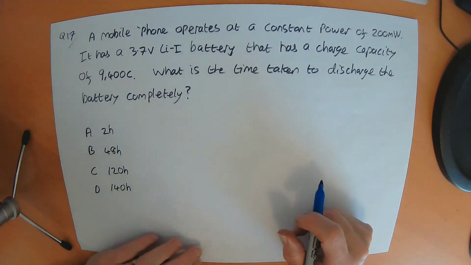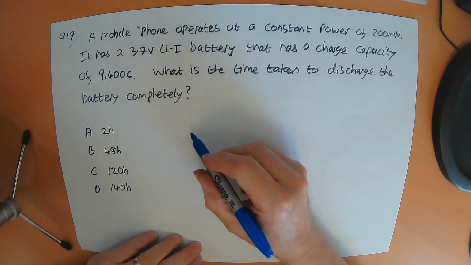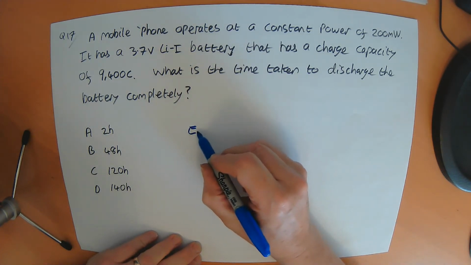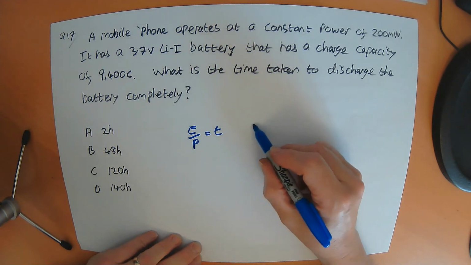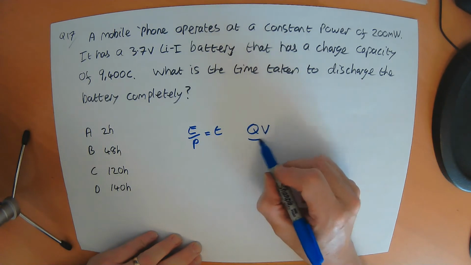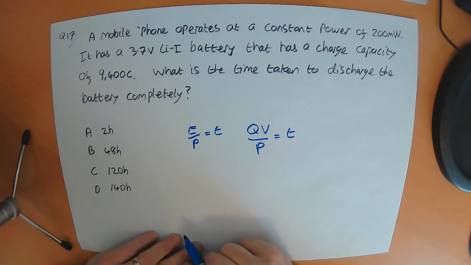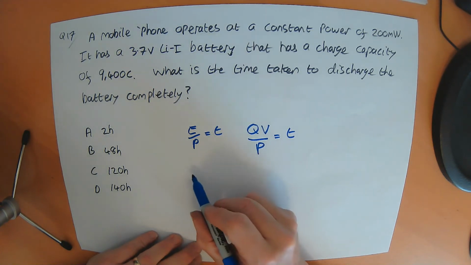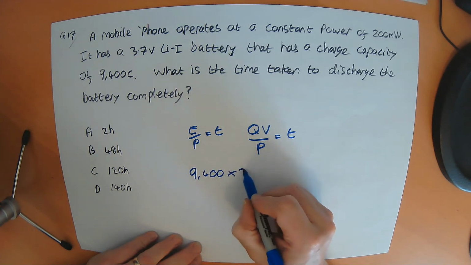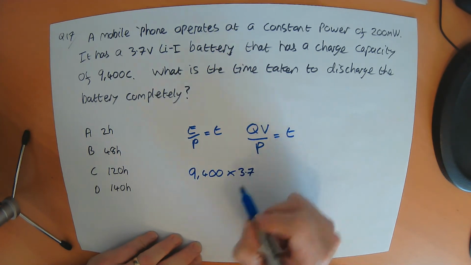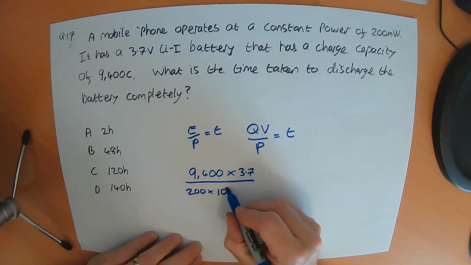Now, everybody got this question right, but just in case you were guessing, I'm going to go through this quickly. What we have then is that energy over power equals time, and energy is charge times potential difference, and so the time we want is Q times V over P, and that's 9,400 times 3.7 divided by 200 times 10 to the minus 3.